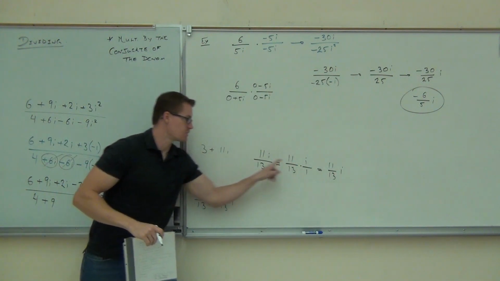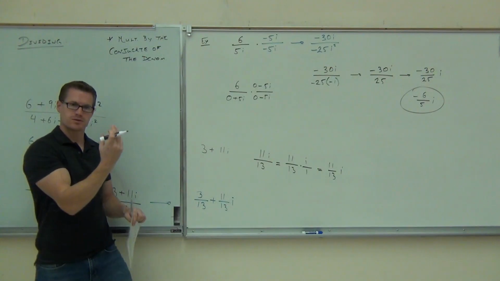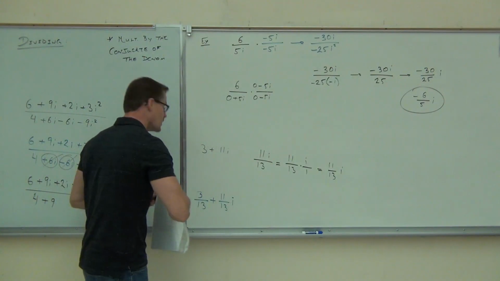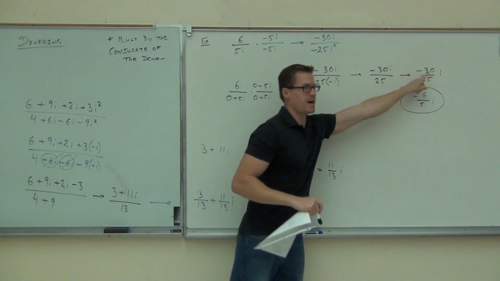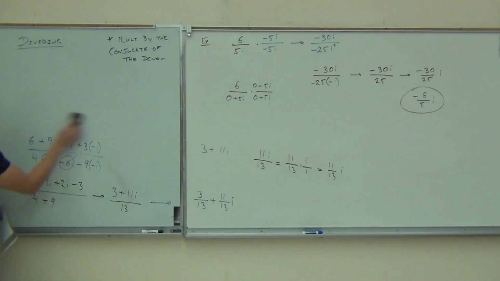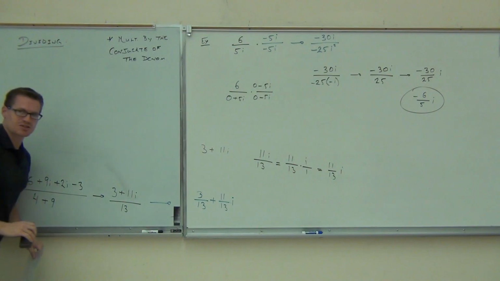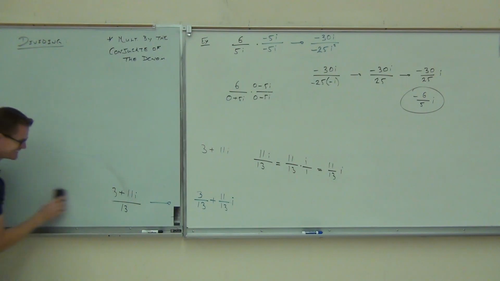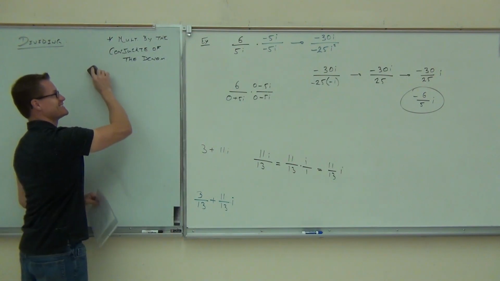This fraction is still this fraction. You're not allowed to add those together. That's why I can put the I at the back end of that. Same reason. Did that answer your question? Yeah.